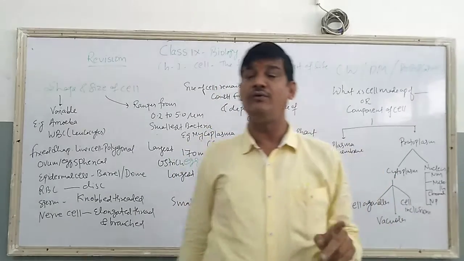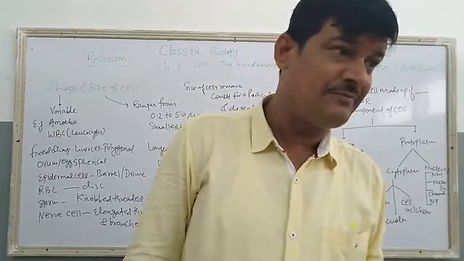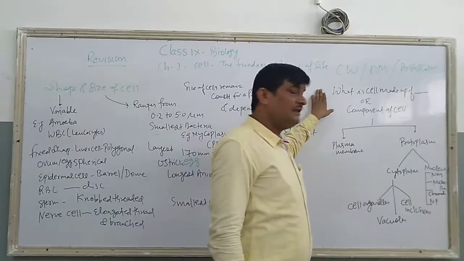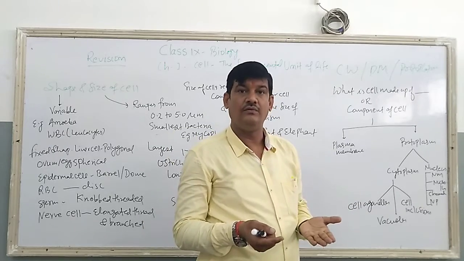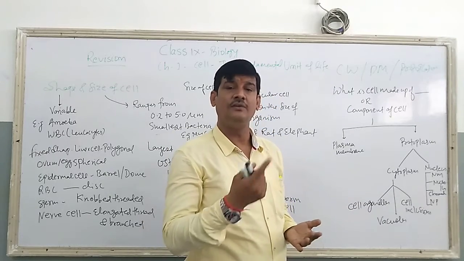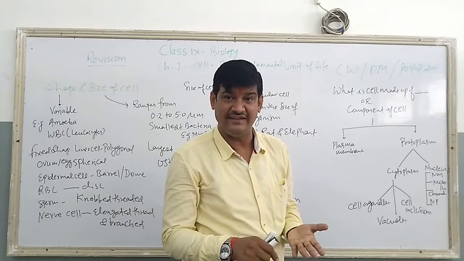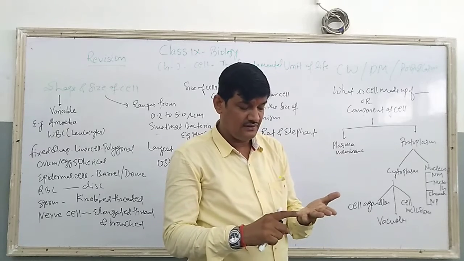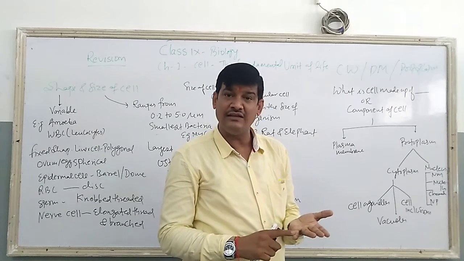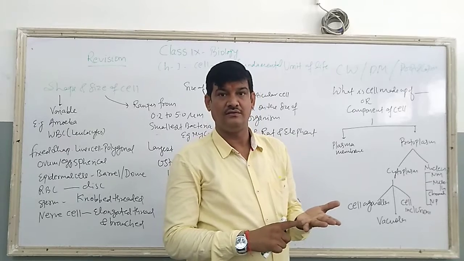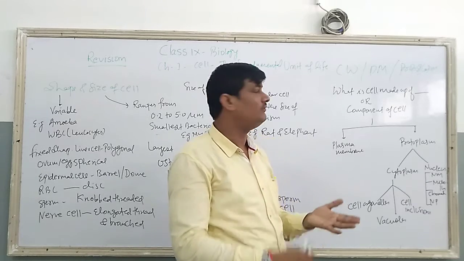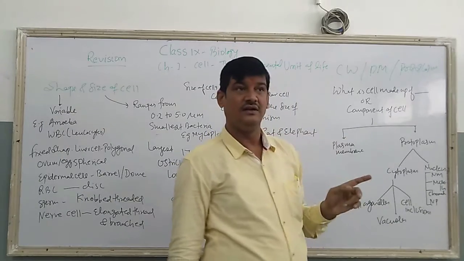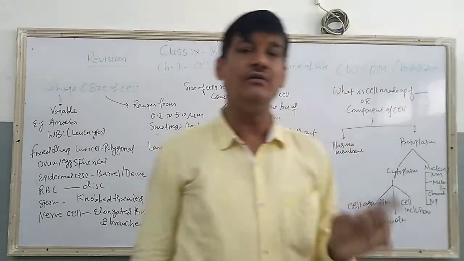Protoplast is not found in the case of animal cell. It means in the plant cell, when the cell wall is removed, it is called a naked cell, and it contains plasma membrane, cytoplasm and nucleus. So cytoplasm, nucleus and plasma membrane collectively are known as protoplast, and protoplast is without cell wall.